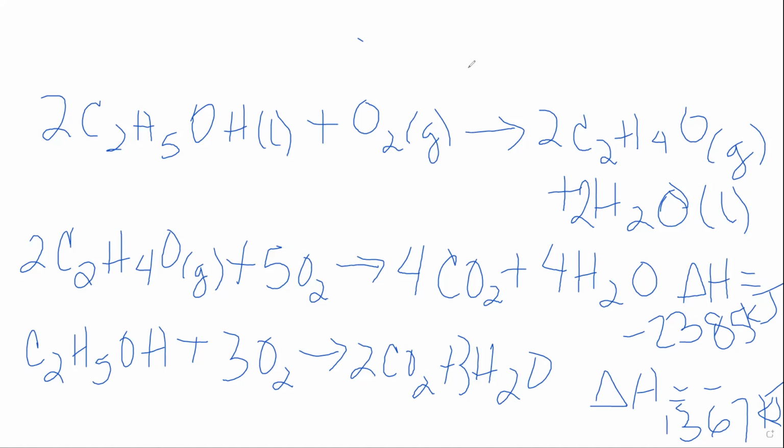So you have to manipulate the bottom two reactions so that when you add them together, they look like the top reaction, right? And we don't know the delta H for that one. So we're calculating the delta H for the actual reaction on top.